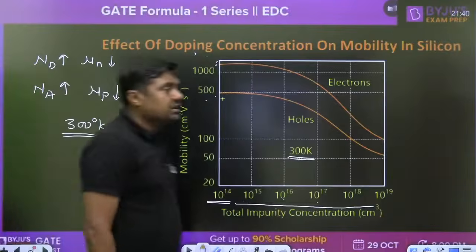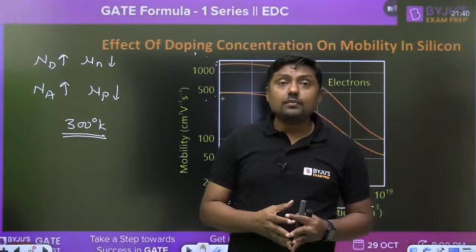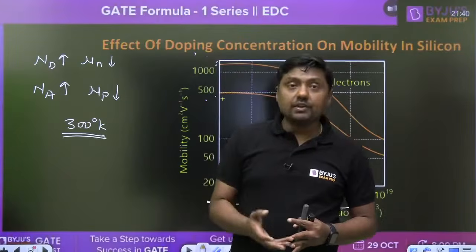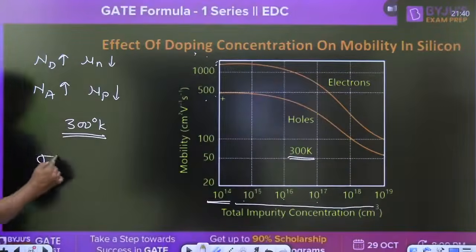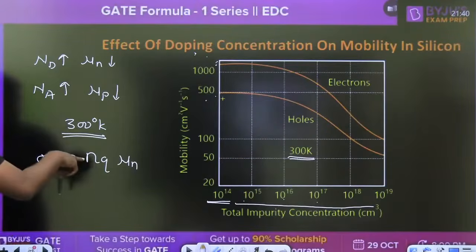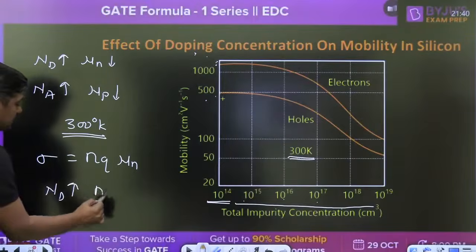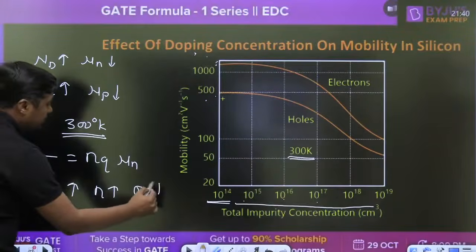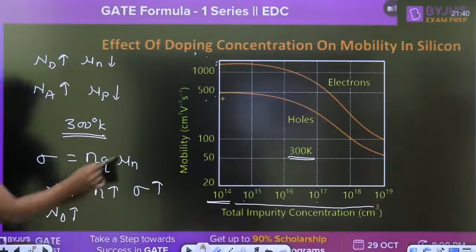Sometimes we think that when we are increasing the concentration, the conductivity will definitely increase. Conductivity depends upon sigma equals q mu n, so it depends upon the concentration. When we increase Nd, the concentration will increase, so conductivity will increase. But what is the side effect?